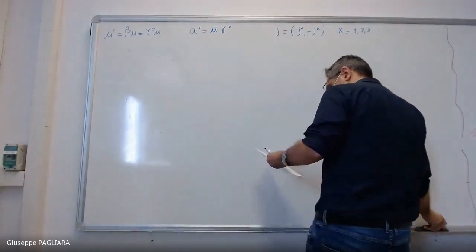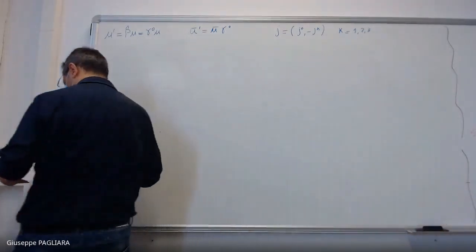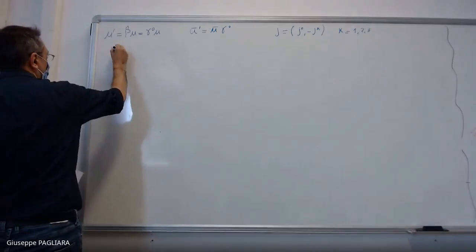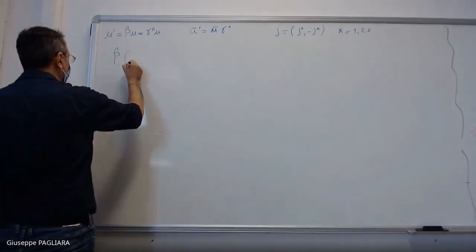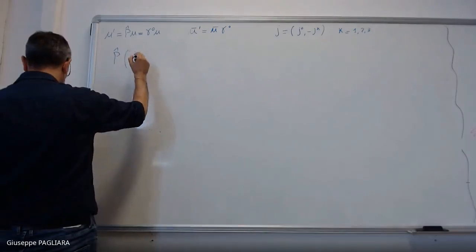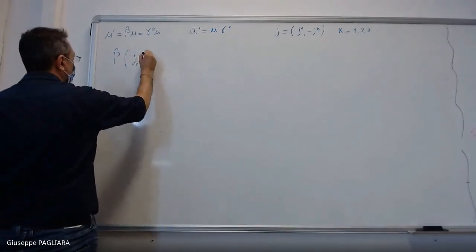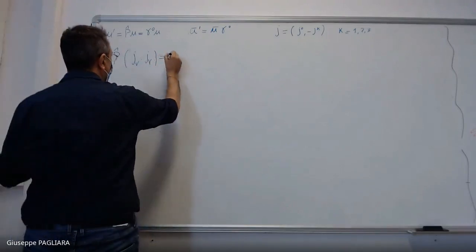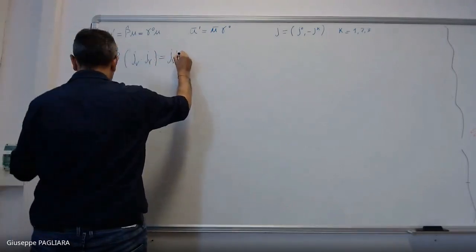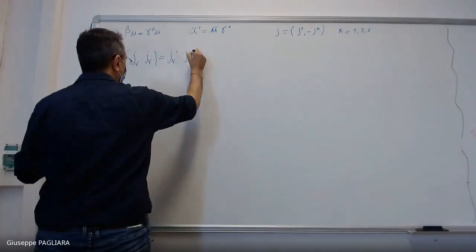Okay. So let's now apply the parity operator on the scalar product of two vector currents. So this is J_V scalar J_V, which under parity is J_V prime scalar J_V prime.